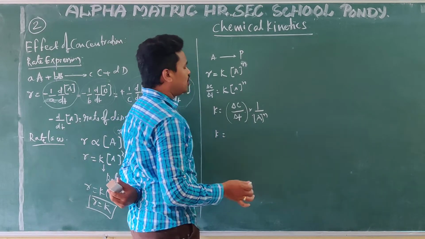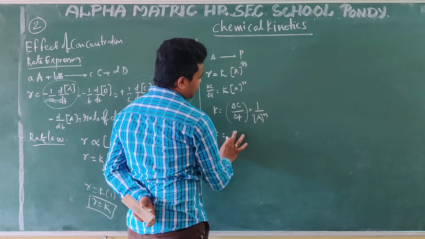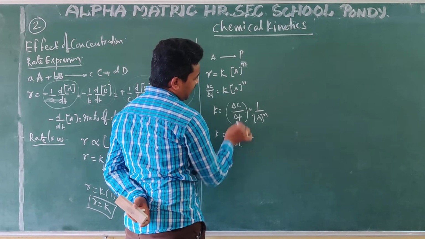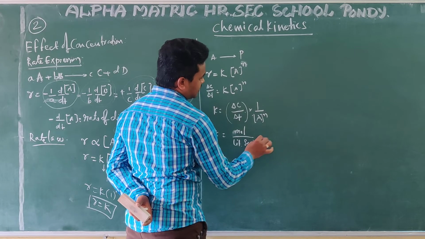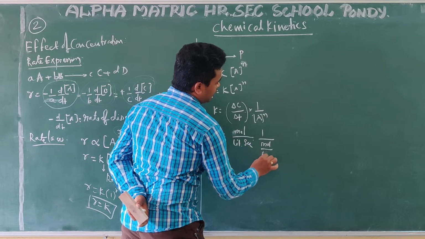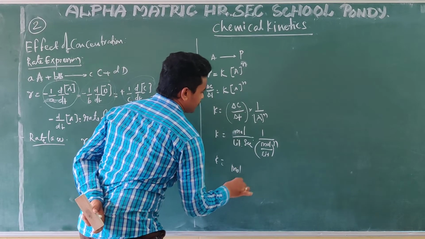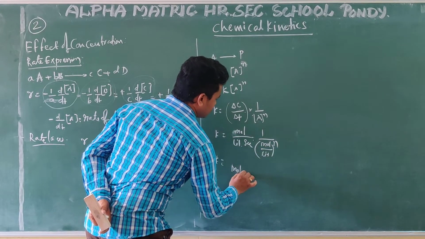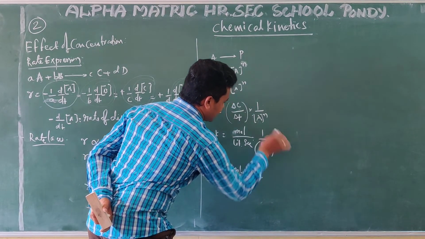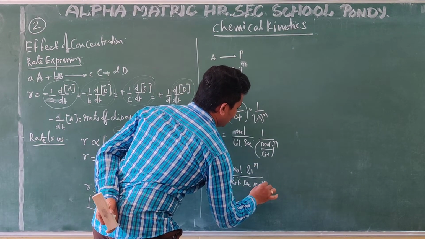K is the rate. Now I am going to study the units. Delta C is in moles per liter, and time is in seconds. The denominator is also a concentration, moles per liter whole power n. So the units: this liter power n goes up, then mole power n.